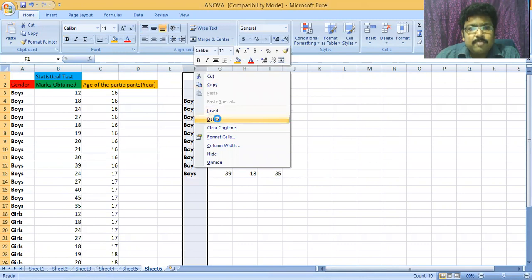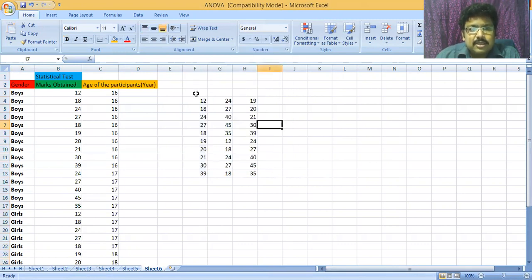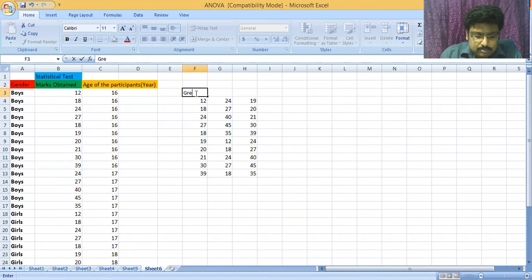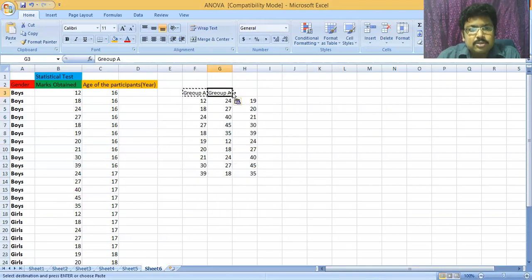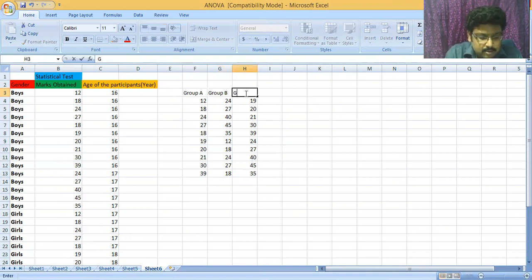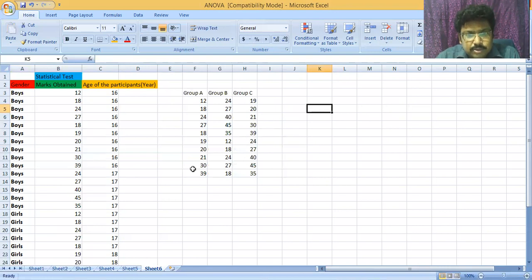Look at this very carefully. So what remains? Suppose this is group A, this is group B, and this is group C. Now you have three conditions.